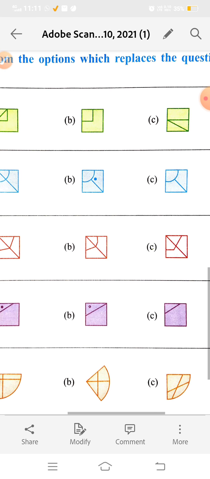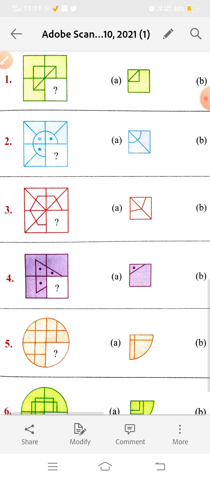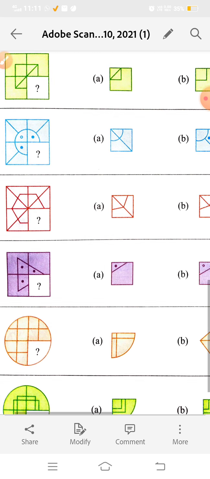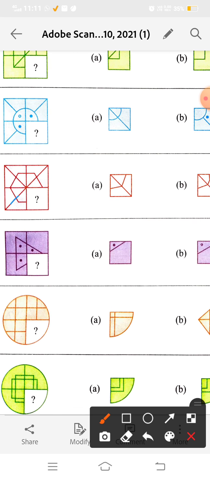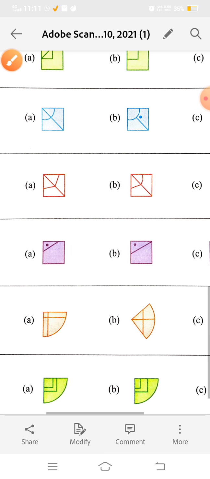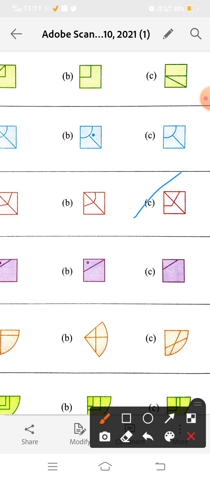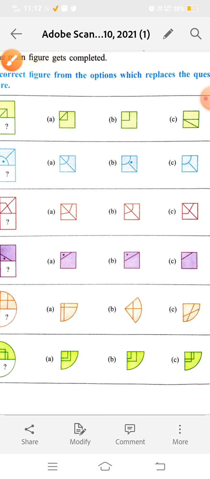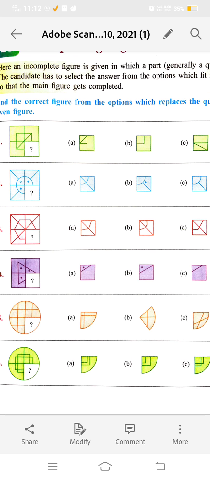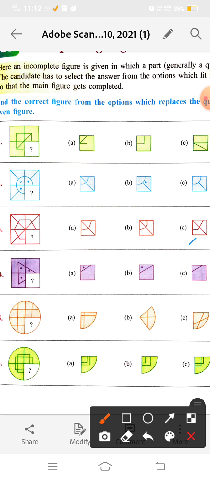See here, option C. Why am I saying option C? Because it has a place here. Like this. Okay, so option number C is our right answer. Option C is a quarter part of this big figure.